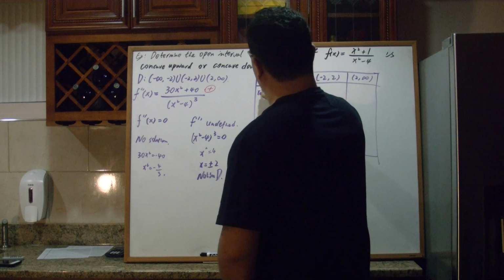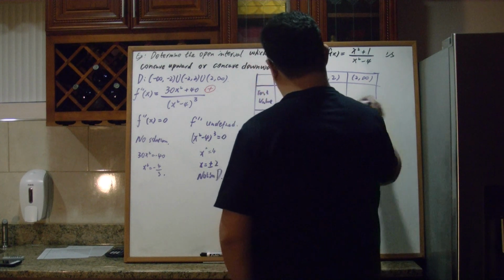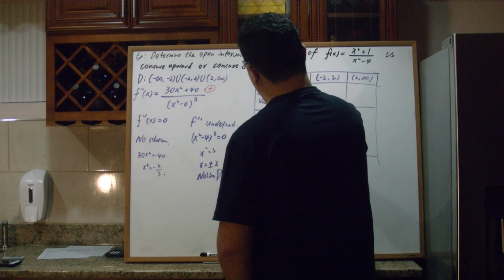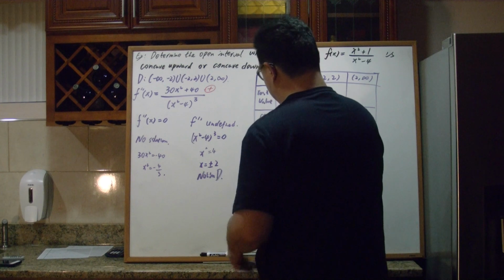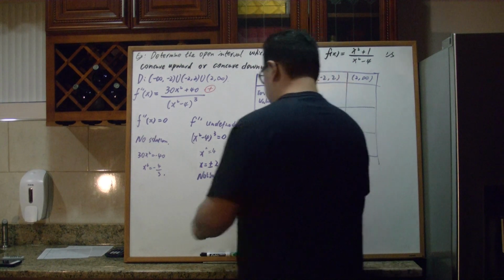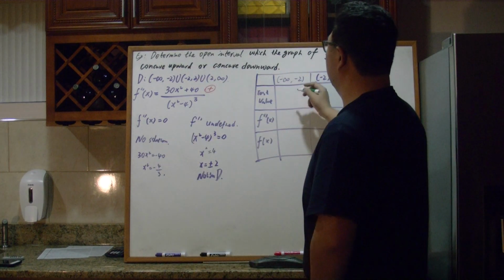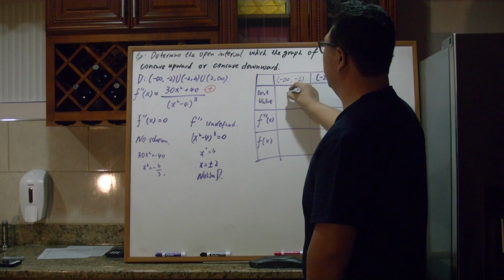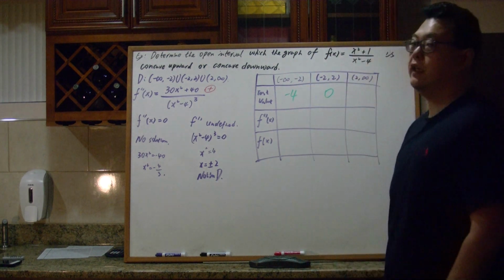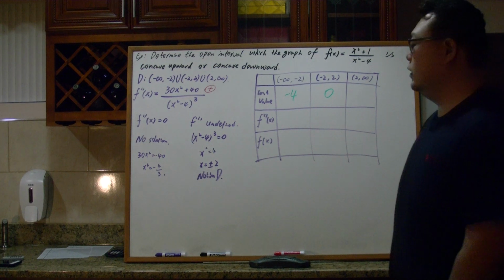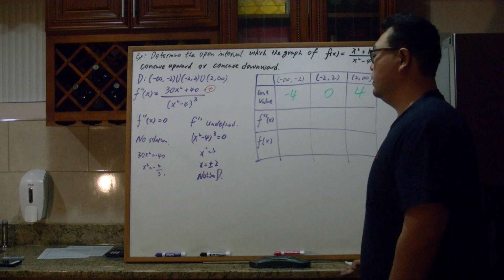For test values, for the sign of f double prime and for the conclusion of f of x, test value can take any value, whichever you want. Negative 4 is okay, 0 in the middle looks easiest from negative 2 to 2, and we can take 4 as the value if we want.